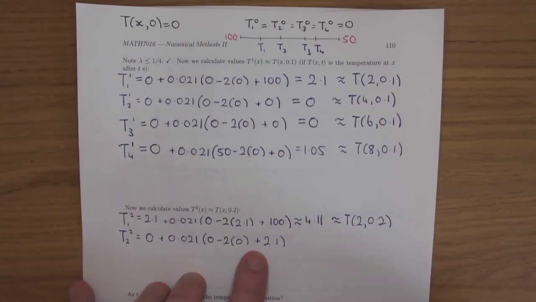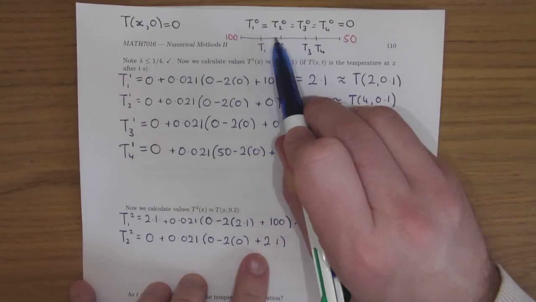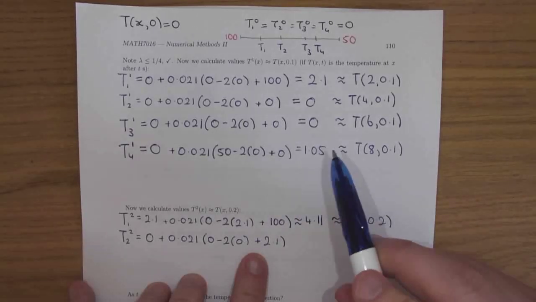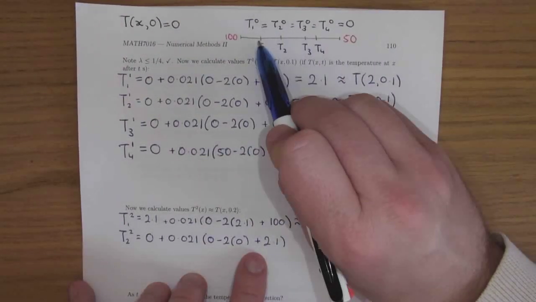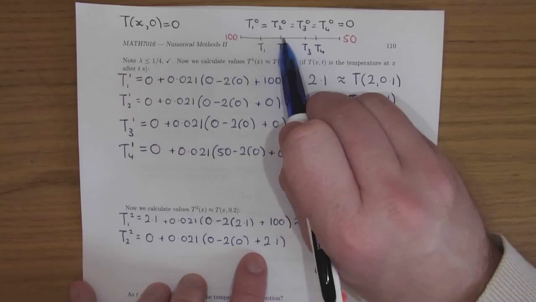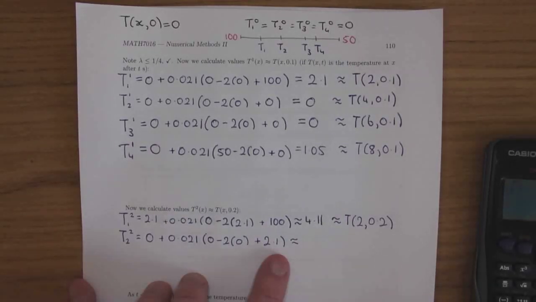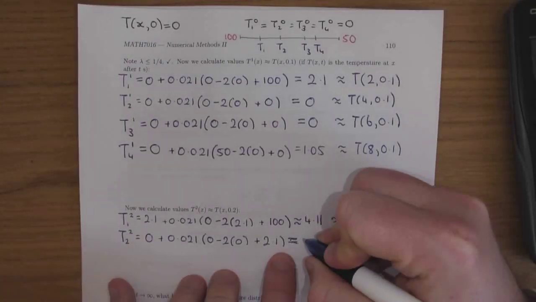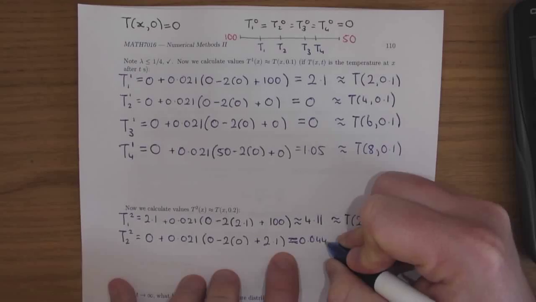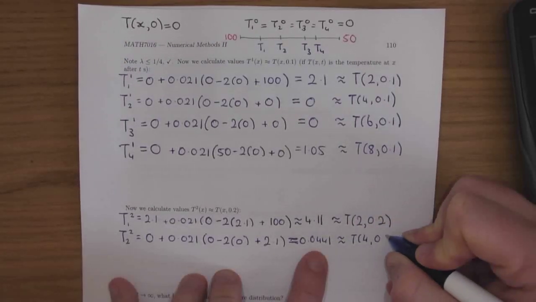So what we're seeing here is, initially remember both of these were 0, so there was no heat transfer because there was no temperature gradient, but now after 0.1 seconds, this is around 2.1, this is 0, so this is hot, this is cold, you're expecting some heat transfer from here to here. We'll see what it says. We'll go with 3 significant figures. 0.0441, that's actually equals. So this approximates the temperature at distance 4 at time 0.2.